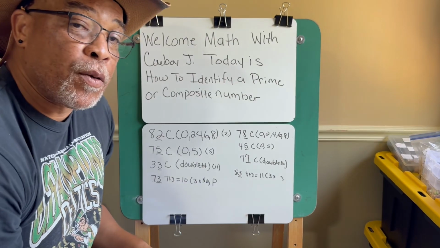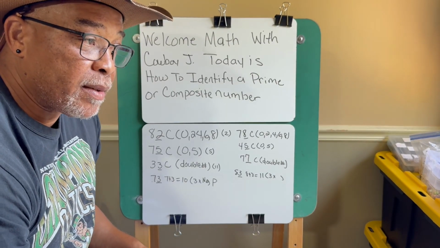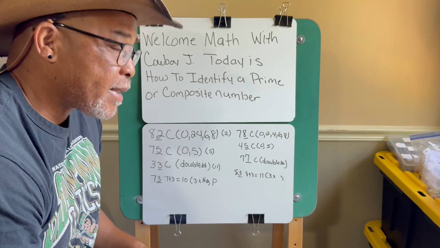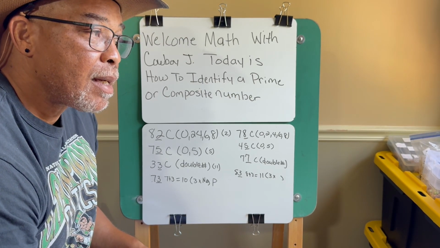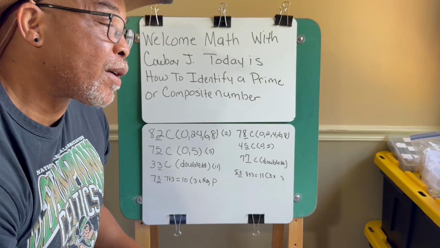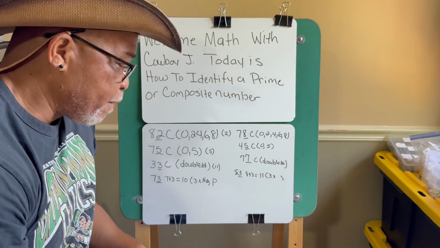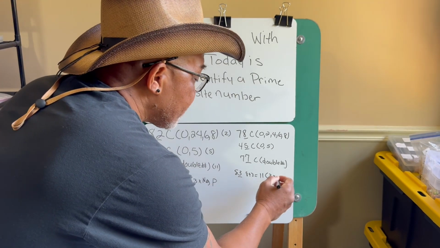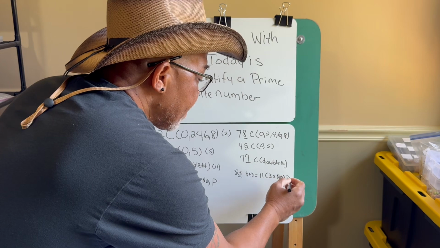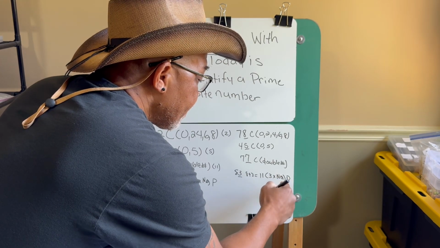So we did this before. 3 times 1 is 3. 3 times 2, 6. 3 times 3, 9. And 3 times 4 is 12. So we went past 11. So nothing. Boom. That makes it a prime number.